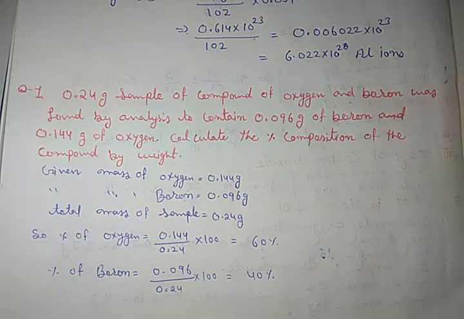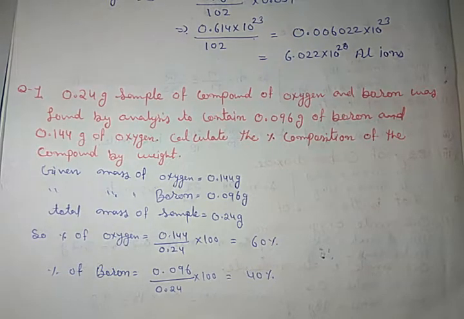Okay, now the first question is: a 0.24 gram sample of a compound of oxygen and boron was found by analysis to contain 0.096 gram of boron and 0.144 gram of oxygen. Calculate the percentage composition of the compound by weight.